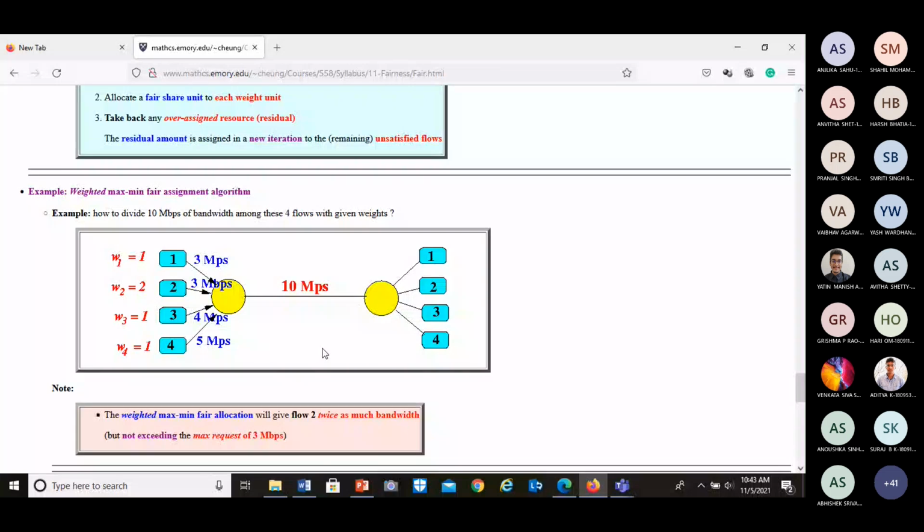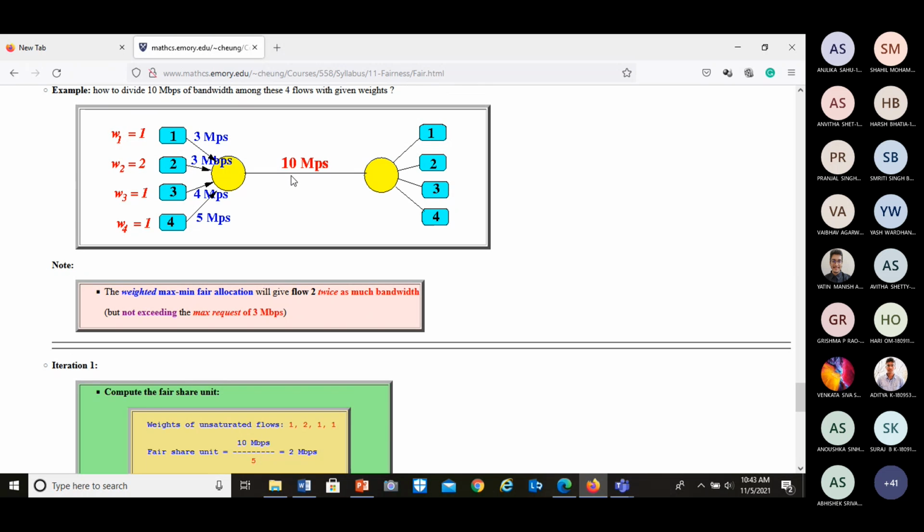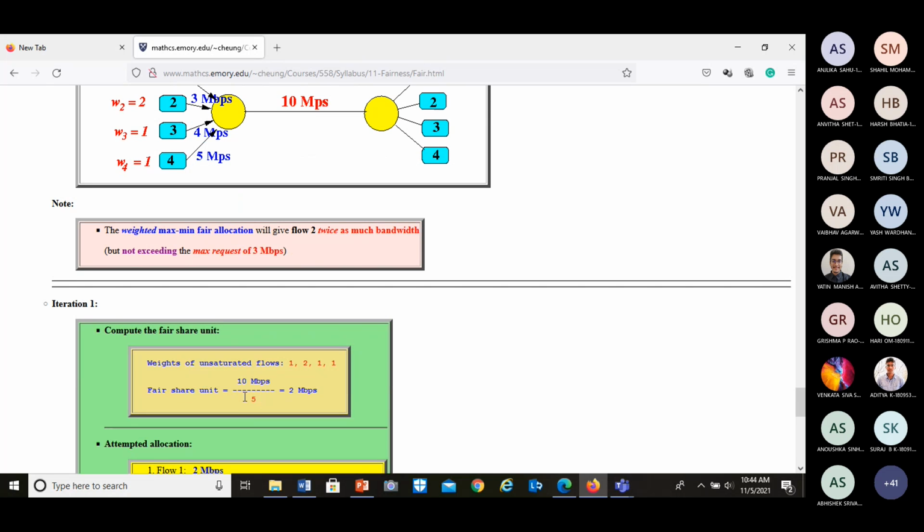Now what do you do here? The total resource available is 10, and the total weight is 1 plus 2 plus 1 plus 1, which is 5, so 10 mbps divided by 5. That means the fair share, according to the weight, is that one weight equals 2 mbps.